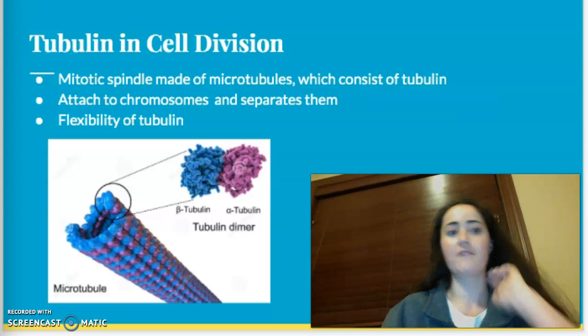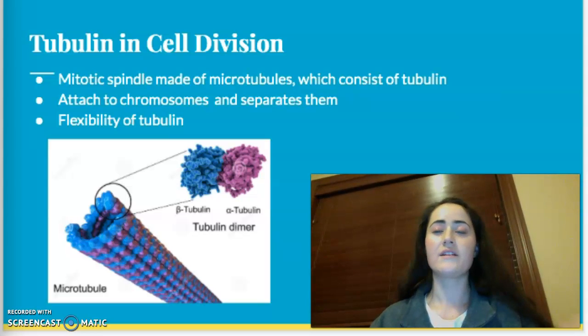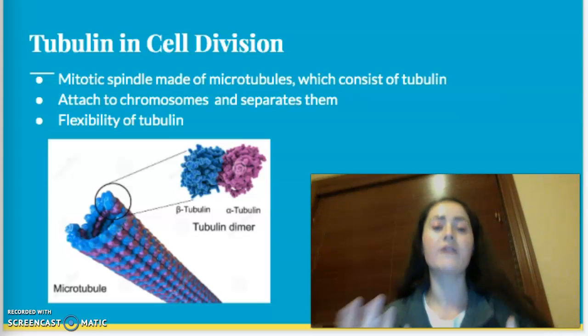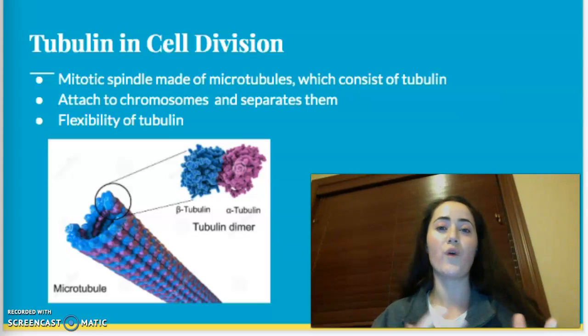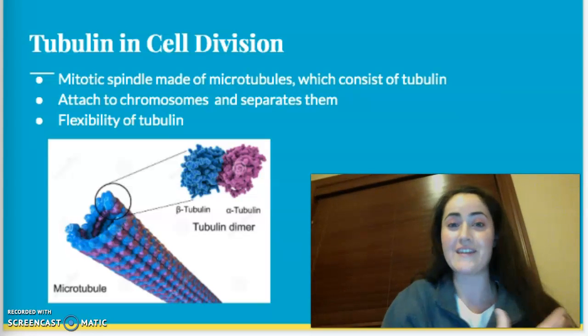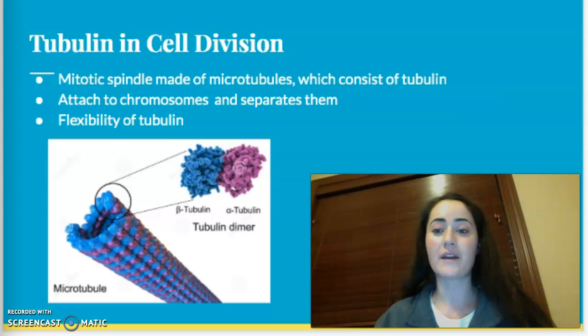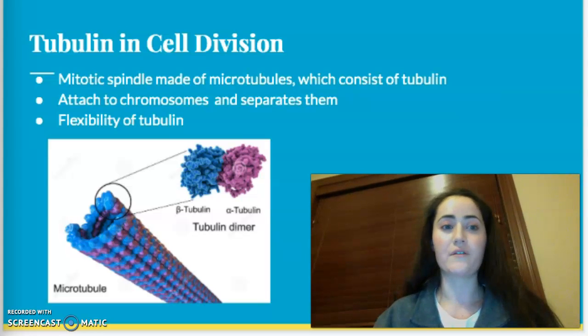This is a very essential process, and it's really important that it's highly regulated, because you don't want two chromosomes to go into one daughter cell and the other cell to get no chromosomes. So you really want this process to be highly regulated, obviously, for apparent reasons.